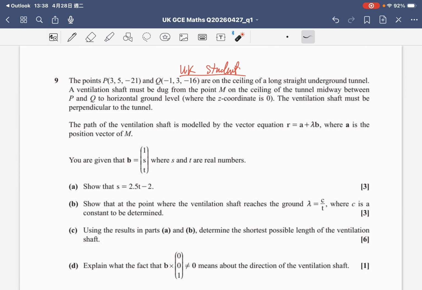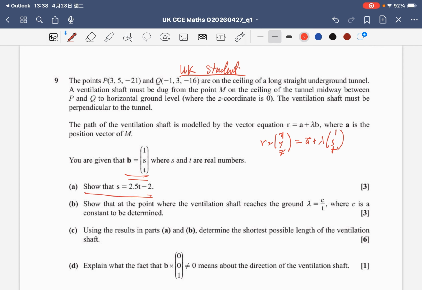The path of the ventilation shaft is modeled by the vector equation r = a + λb, where a is a point and b is (1, s, t). Then solve this one.